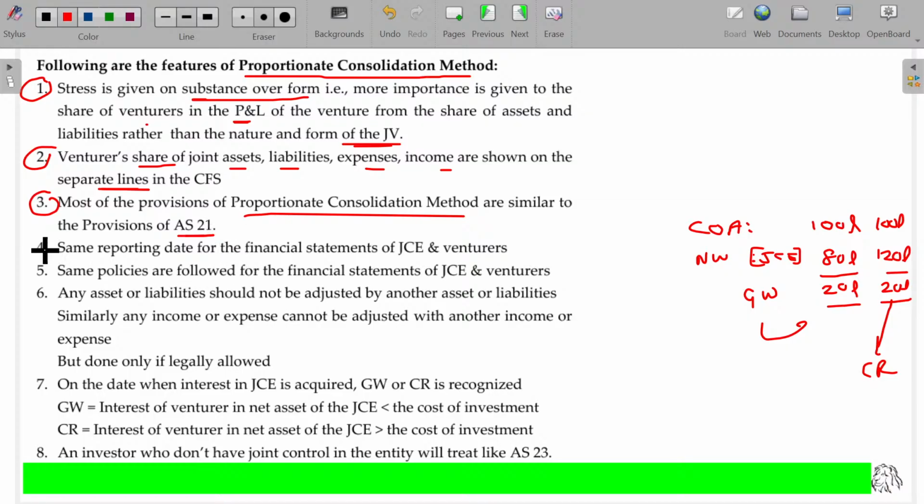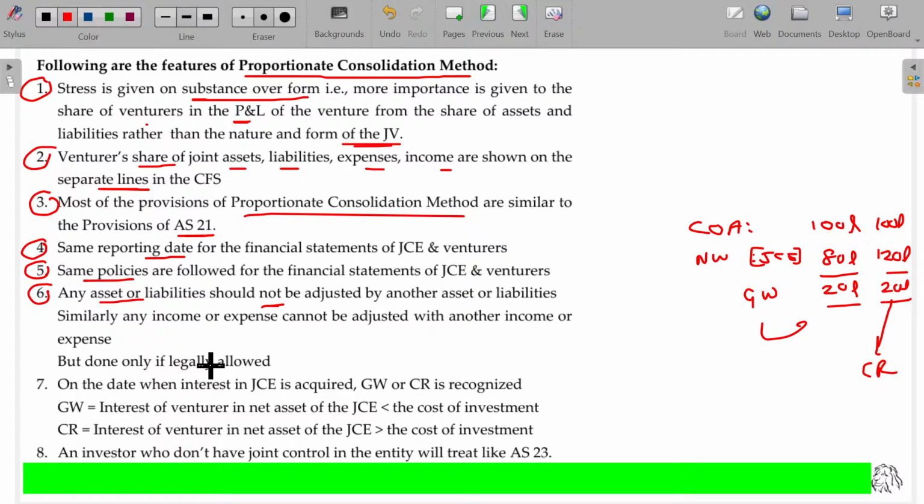Right. The same reporting date should be there, from 1st April to 31st March. If you follow CFS as per AS 21 for this period, 1st April to 31st March, the consolidation of the joint venture should also be for the same period. Else you have to adjust the period. The same policy will be followed, and assets and liabilities should not be adjusted from the book value, only adjusted for uniform accounting policies and principles.